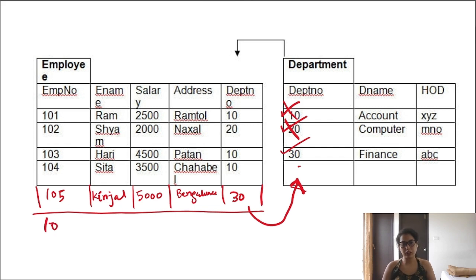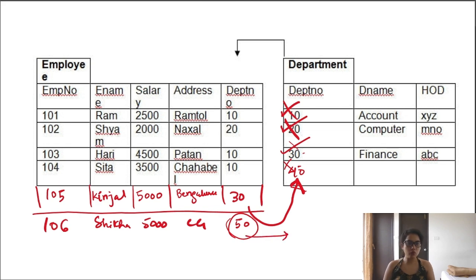Now suppose I want to insert one more record here, and the value is 50. It will check whether this value is present in the department table's department number column. It's not present here, not here, not here. Suppose we have 40 here, it's not present here either. It will check all the records and doesn't find a 50.